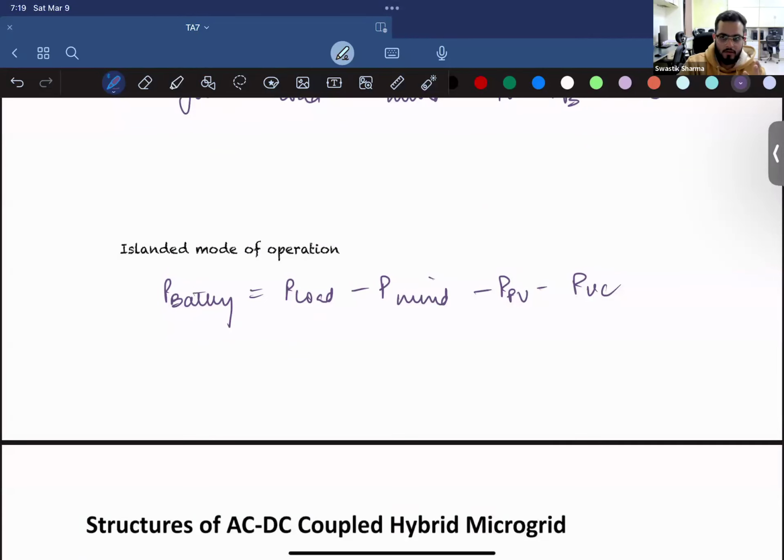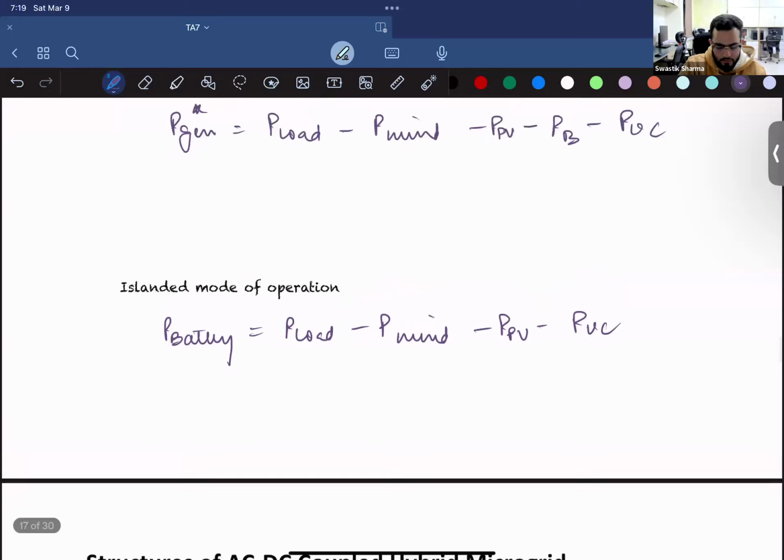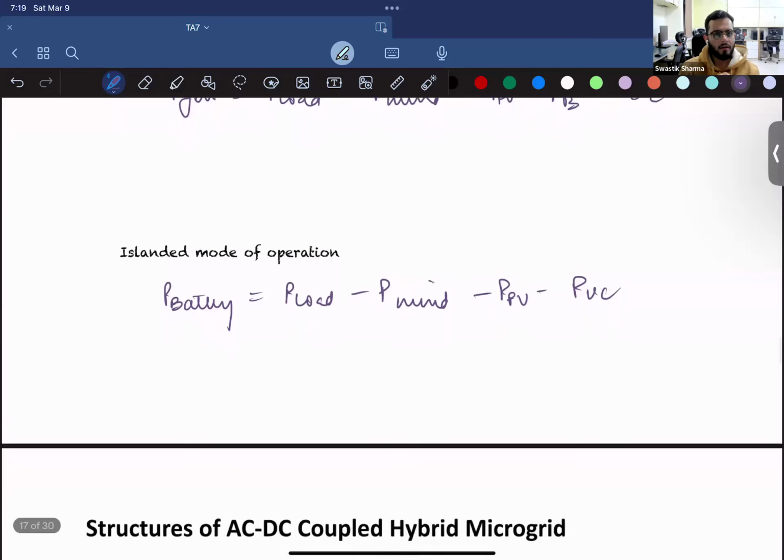So what happens is usually you can't supply all of your load. As I told you, load shedding is pertinent because all of your battery cannot be used to empower all of your loads. Let's say your generation from your renewables is low, but your loads are high.